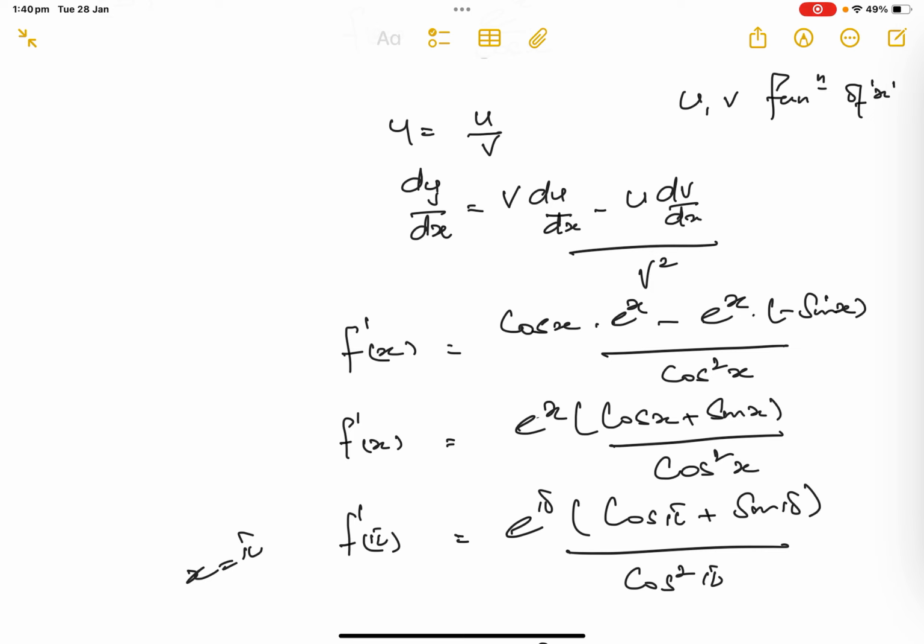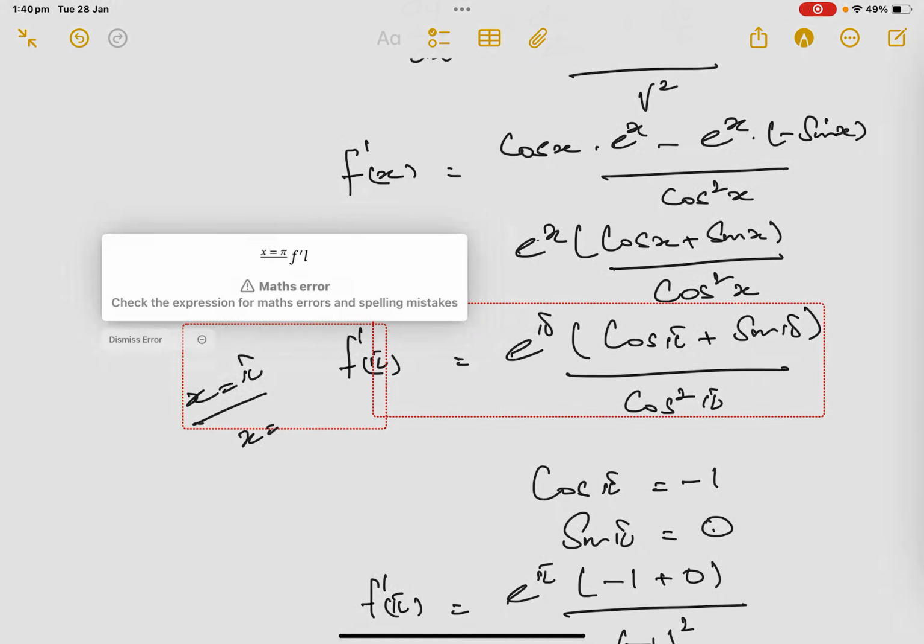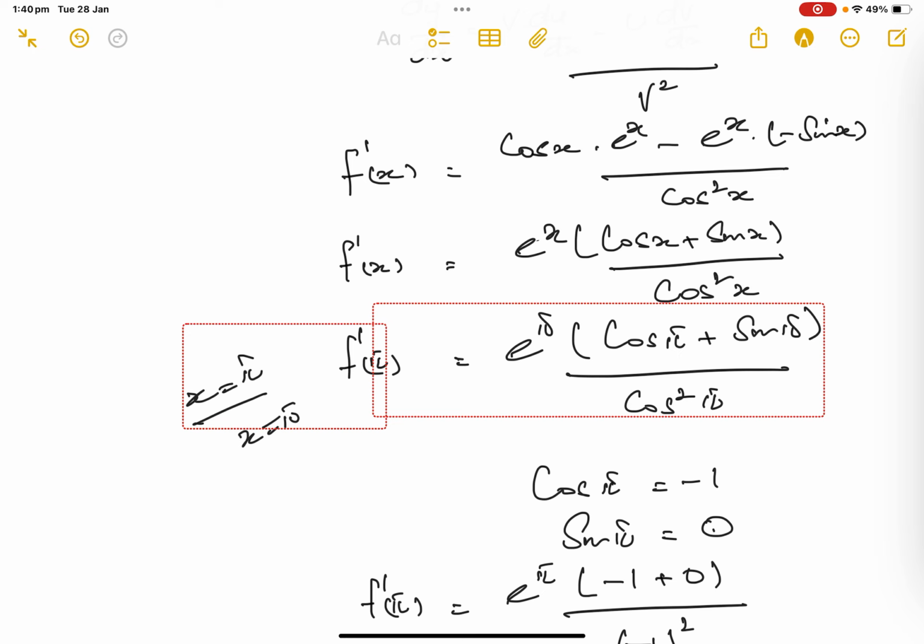So f dash x, you take e to the power x as a common factor: inside the bracket, cos x, and minus times minus, plus sin x, divided by cos squared x. What we need to find is at x equals pi.